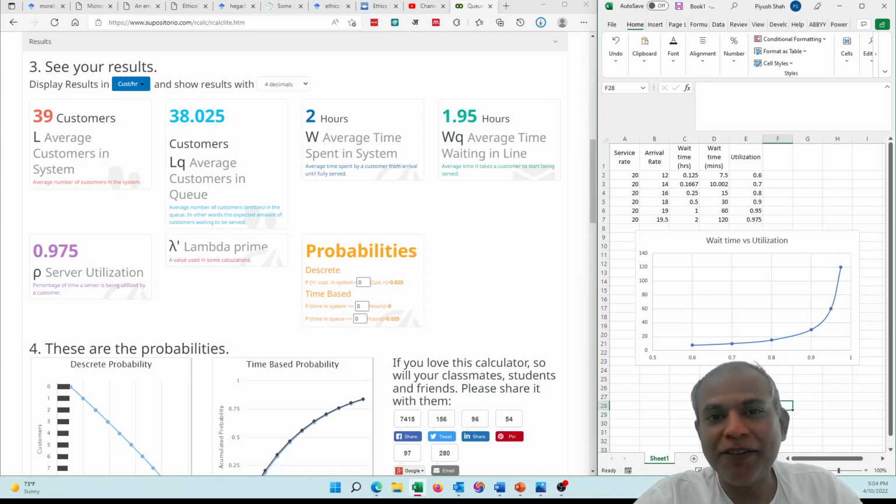If I have to be a high service business, I have to run the business in a manner where my server utilization is low so that I can generate low customer wait times and high customer satisfaction. And if I want to generate high resource utilization, well, in that case, the customers would have to wait for long, and probably I would have to market that as a low cost service so that the customers are okay with waiting.